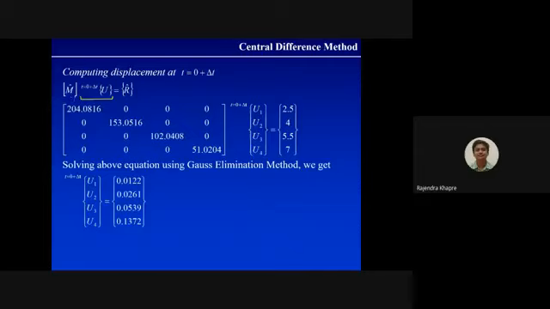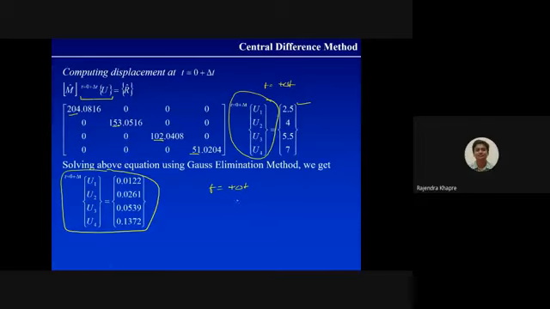The effective mass matrix we have already calculated: 204, 153, 102 and 51, multiplied by this completely unknown displacement at t is equal to plus delta t. With the effective load vector we just calculated, we can get the displacement at t is equal to plus delta t.